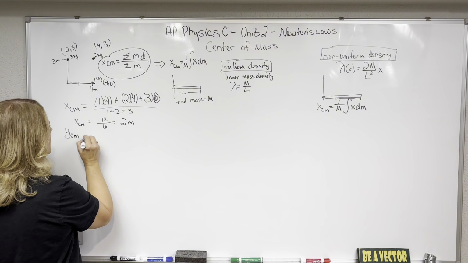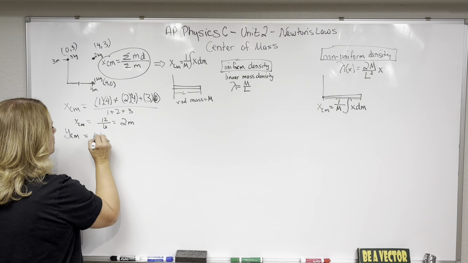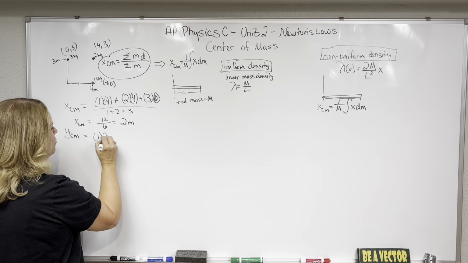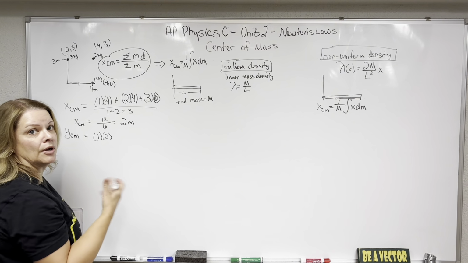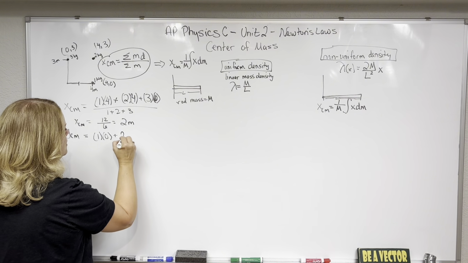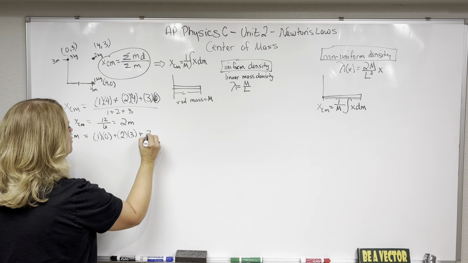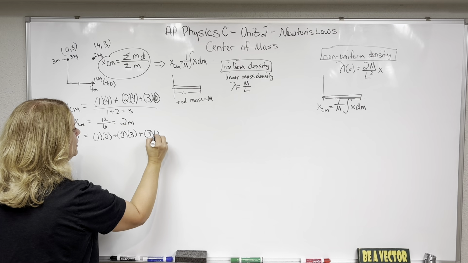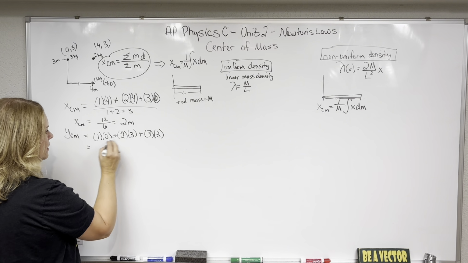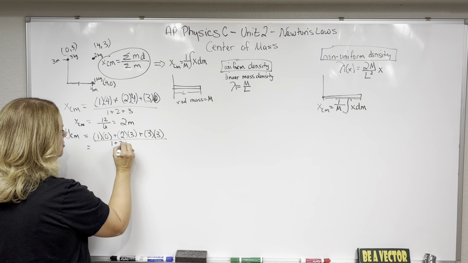Then I do the y, and I do the same thing. We've got to get moving, so we're doing calculus. I'm going to do this really fast. We've got to get to that integral part. I have 1 times 0. I'm just taking my y-intercepts now, plus 2 times 3, plus my 3 kilogram times 3 on my y-intercept there, divided by my total mass, which is 1 plus 2 plus 3.